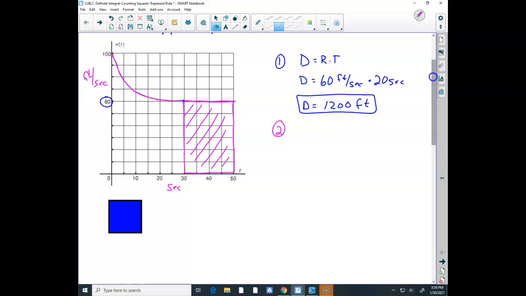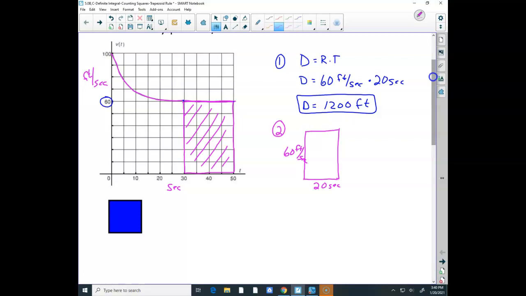They're kind of different units. When we're finding area, we're typically used to making sure everything is in inches or in feet or in miles and stuff like that. But here it's a little bit different, because when I look at my rectangle, I can see the width of my rectangle is 20 seconds, and the height of my rectangle is 60, but that's in feet per second.